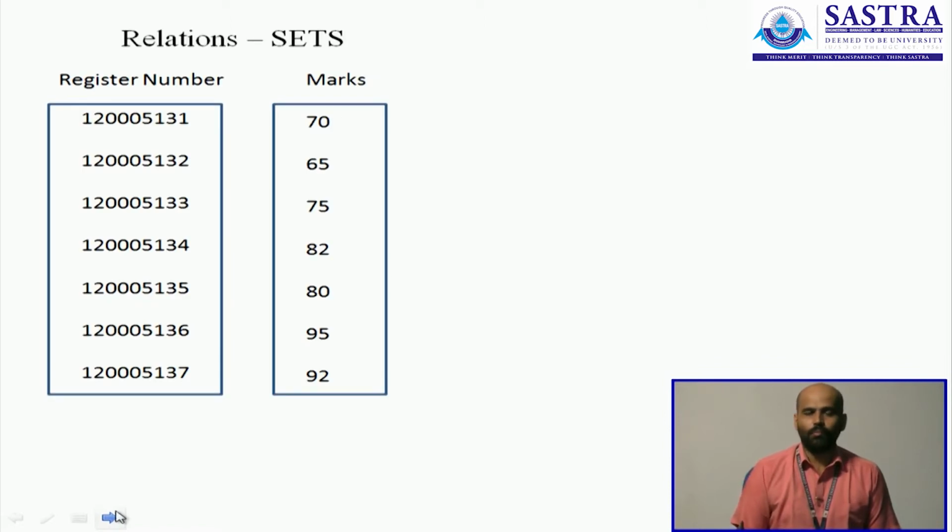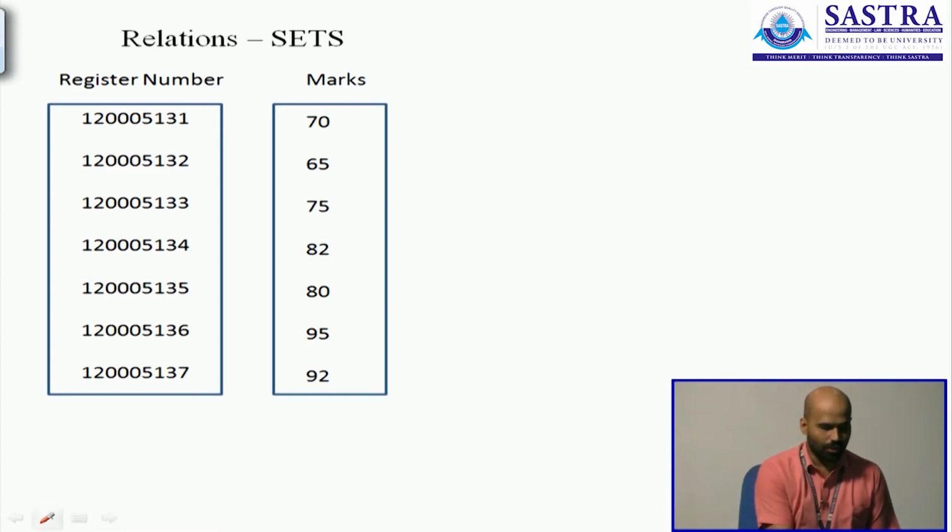Relations form the fundamental connection between sets. A good example of this could be found on your screen. You have a set of students whose register numbers are given, and you have another set of marks secured by these 7 students. Now they can be related.